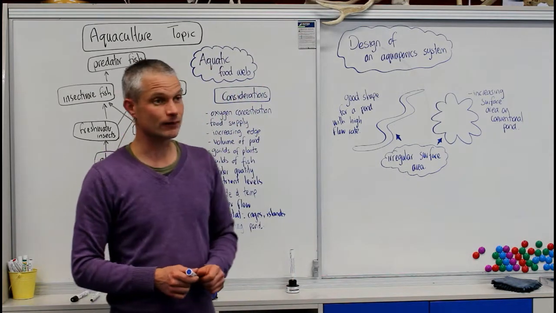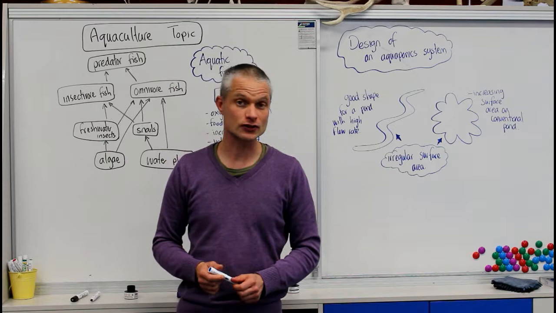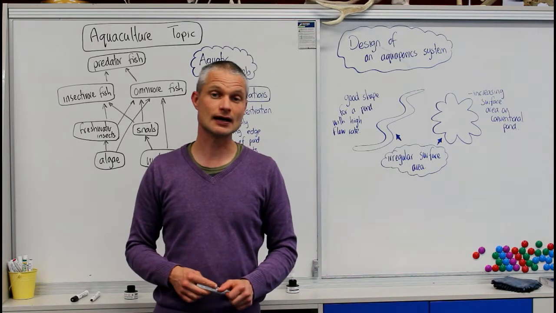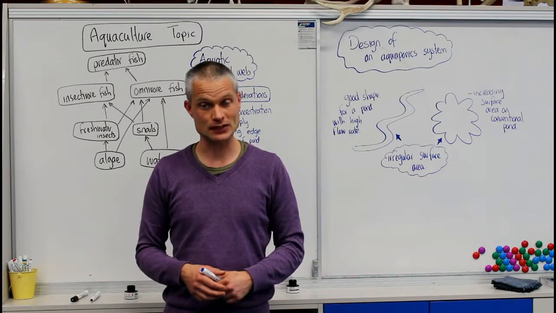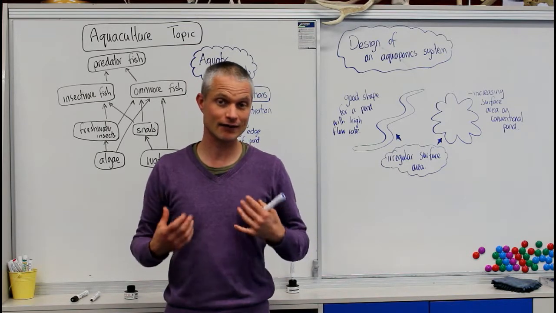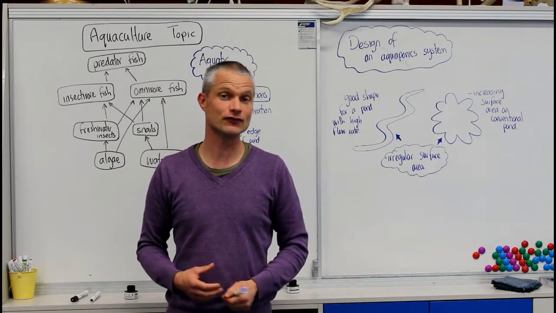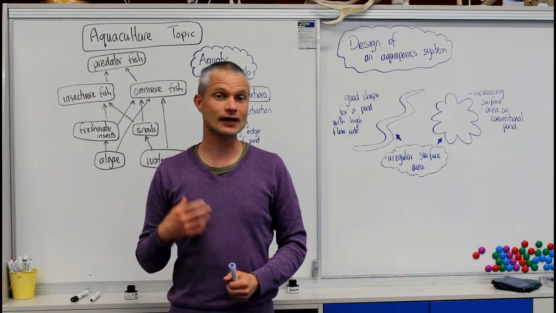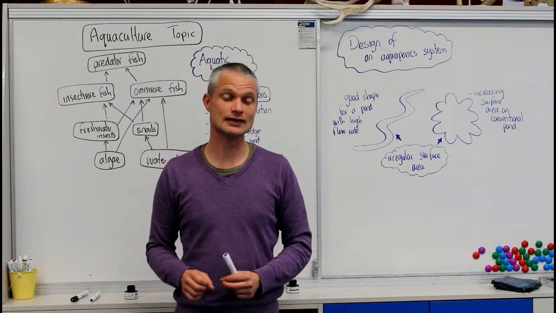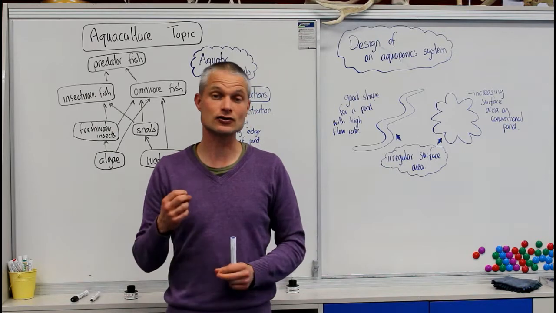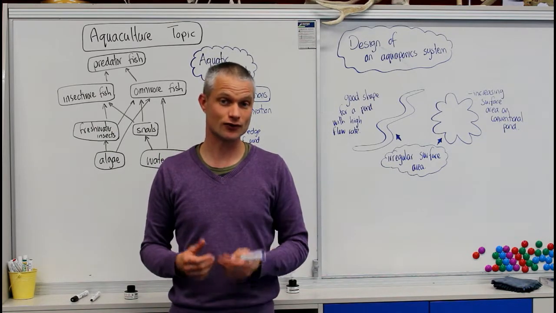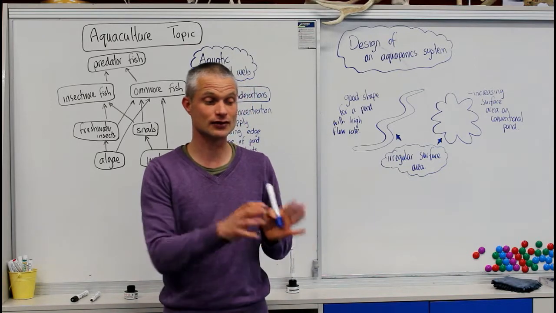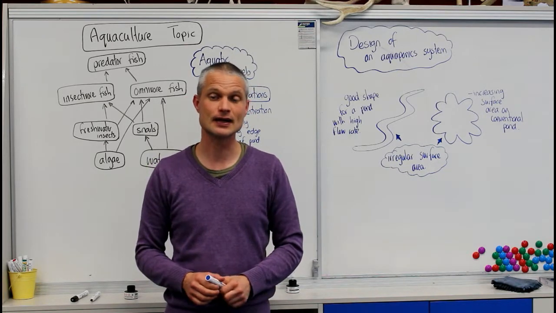So if we tackle oxygen concentration to begin with, oxygen is required by all plant and animal species for respiration, so to break down their food and to release the energy from their food. So the higher the concentration of oxygen in the water, the higher the stocking rate of the fish in particular that you can put into that water system.